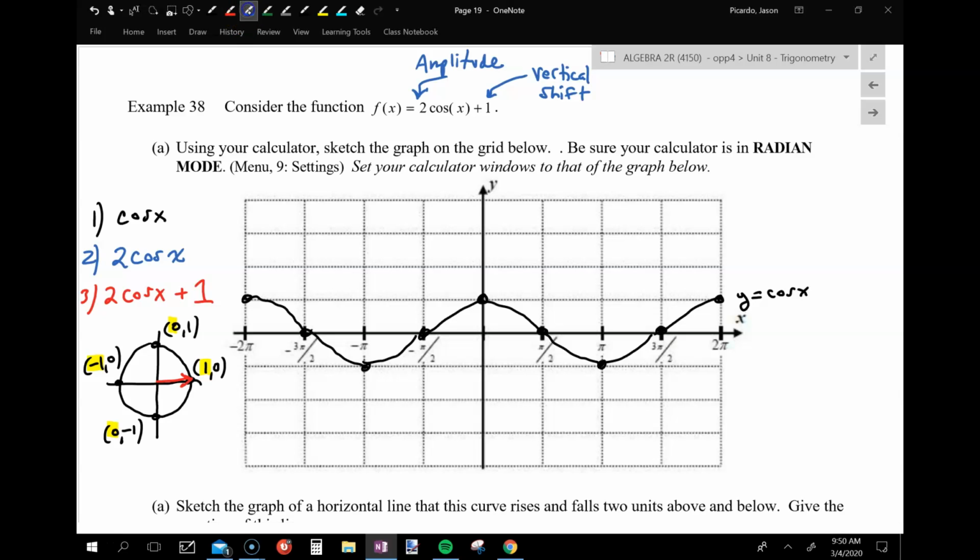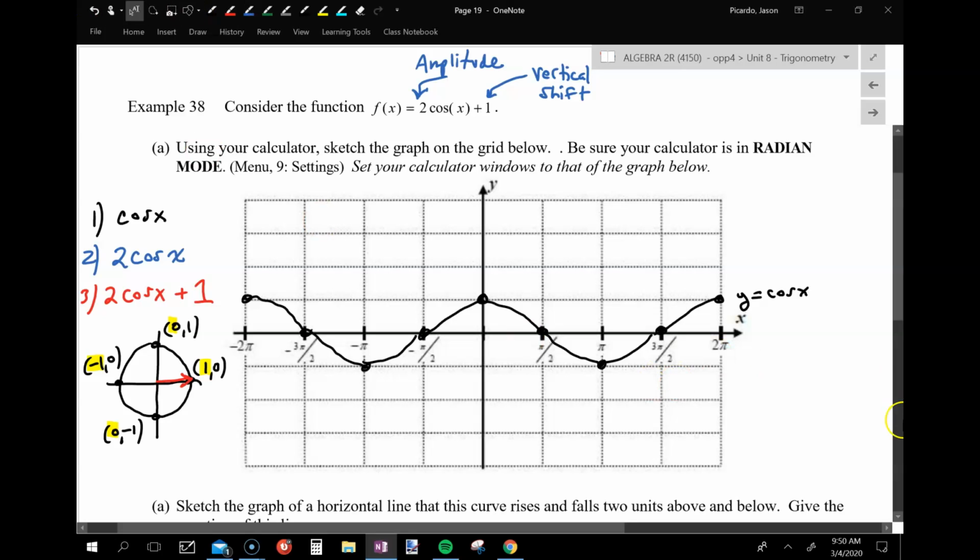All right, so based on yesterday's lesson, right? And you guys did a great job with that. By me changing the amplitude, what points don't change on this curve? The x-intercepts, the roots, right? So I know that this one stays, and this one stays, and this one stays, and that one stays.